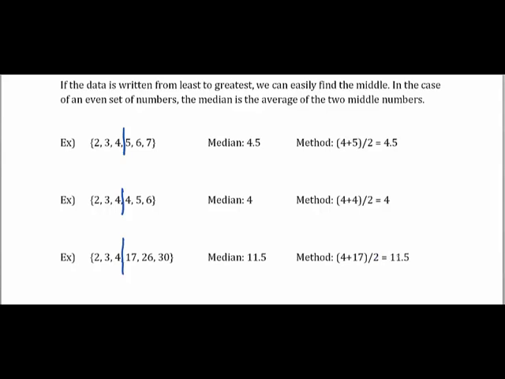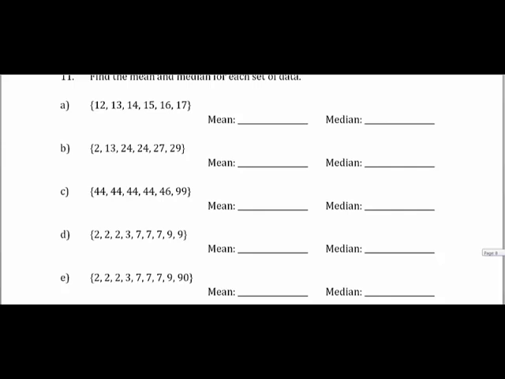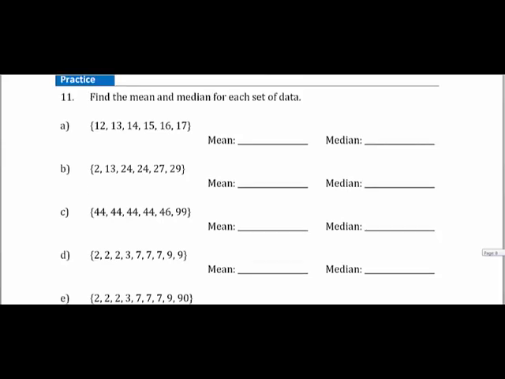Wait a second, I said 11.5, but 21 divided by 2 is 10.5. So 10.5 would be my median there. So, little fixes here. All right, with that in mind, I am now going to move to our next page and have you run some averages and medians for these sets of data.